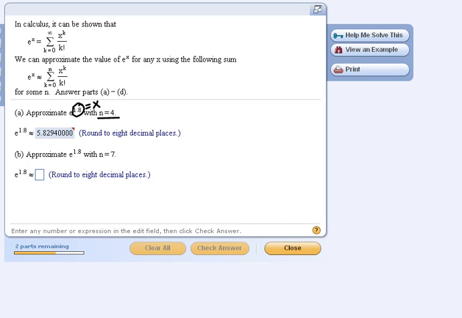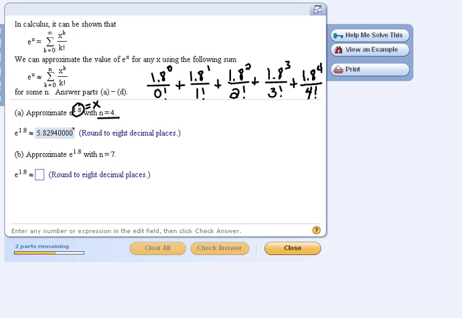is 4. So if I were to write that out, that would be 1.8 to the 0 power, because we start with 0, over 0 factorial. Then we add to that, because we're summing this up, 1.8 to the first power over 1 factorial, plus 1.8 to the second power over 2 factorial, plus 1.8 to the third power over 3 factorial, plus 1.8 to the fourth power over 4 factorial.